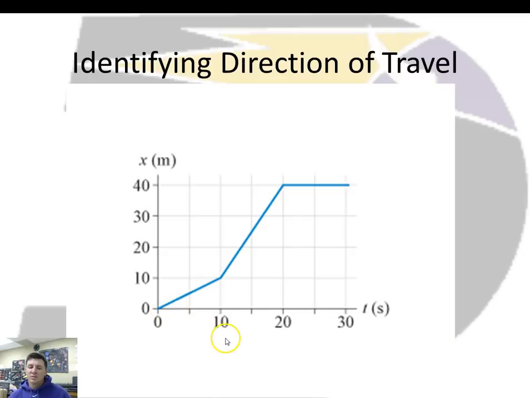If it's going down, it's going to the left. So understand that the direction of travel is also indicated. I'm not going to be too worried about that, but just understand that you have a positive change of position or a negative change in position. That's the big thing. And direction of travel we'll work on more in class.